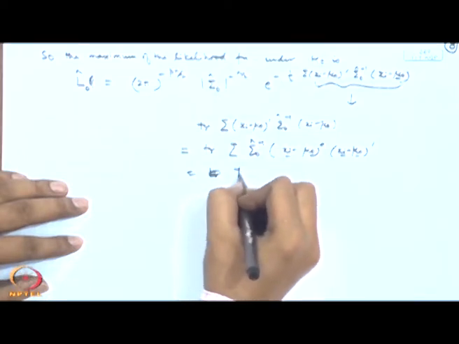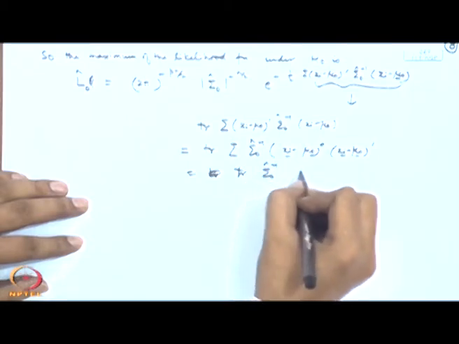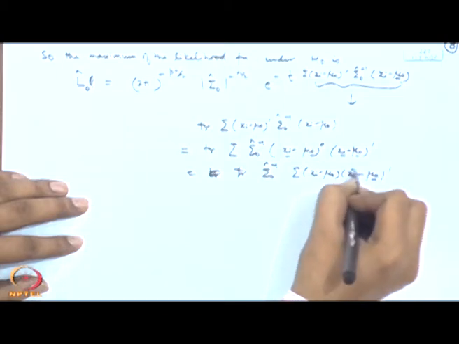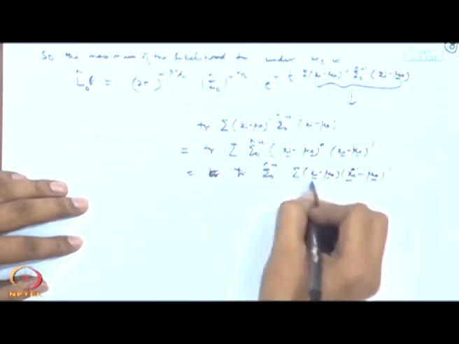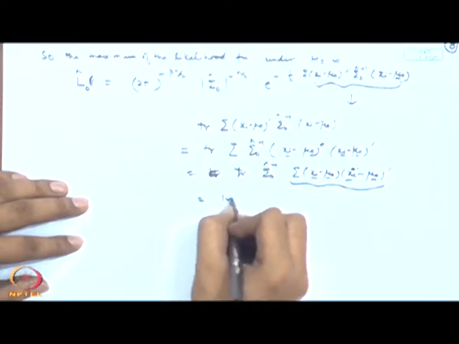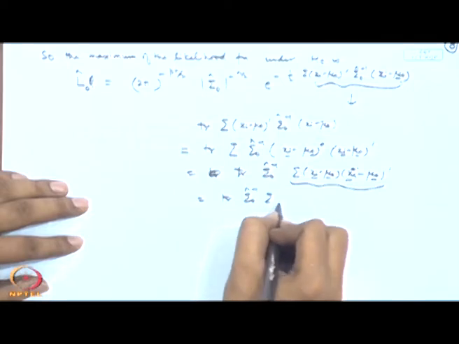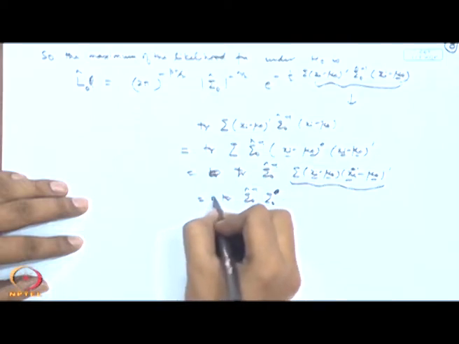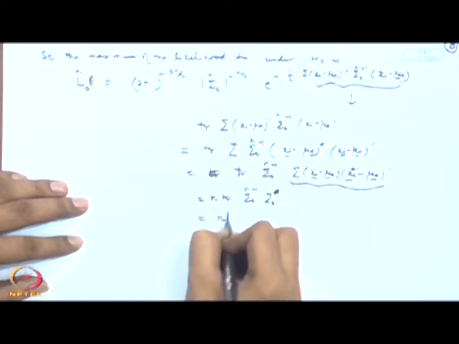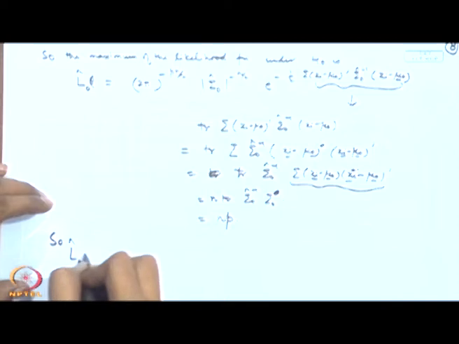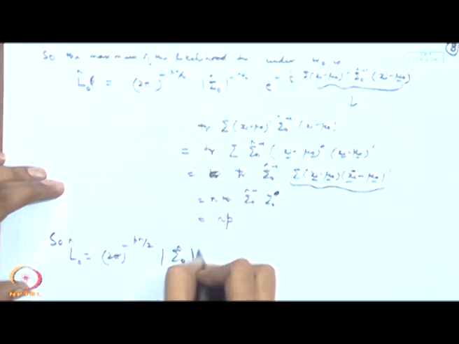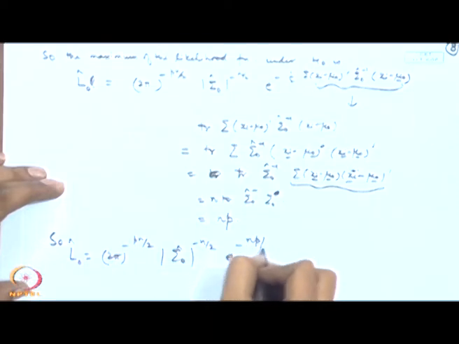So, it becomes trace of Sigma naught hat inverse sum of (x_i minus mu naught)(x_i minus mu naught) transpose. But this is nothing but n Sigma naught hat. So, this is becoming Sigma naught hat inverse Sigma naught hat into n, so this is becoming np. So, L naught hat is becoming (2 pi) to the power minus pn by 2, determinant of Sigma naught hat to the power minus n by 2, e to the power minus np by 2.